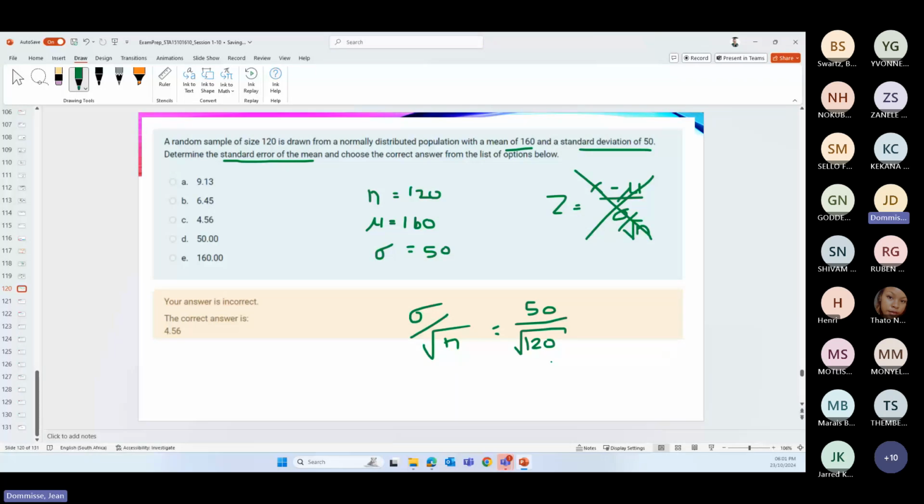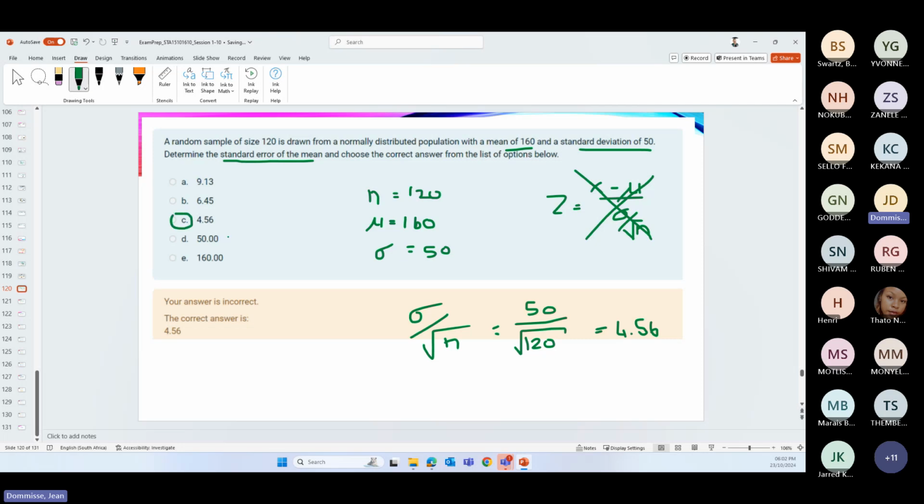Okay, let me just clear my calculator. That did not work. 50 divided by the square root of 120, and that then gives me, if I wanted 2 decimals, 4.56. And that is option 3.